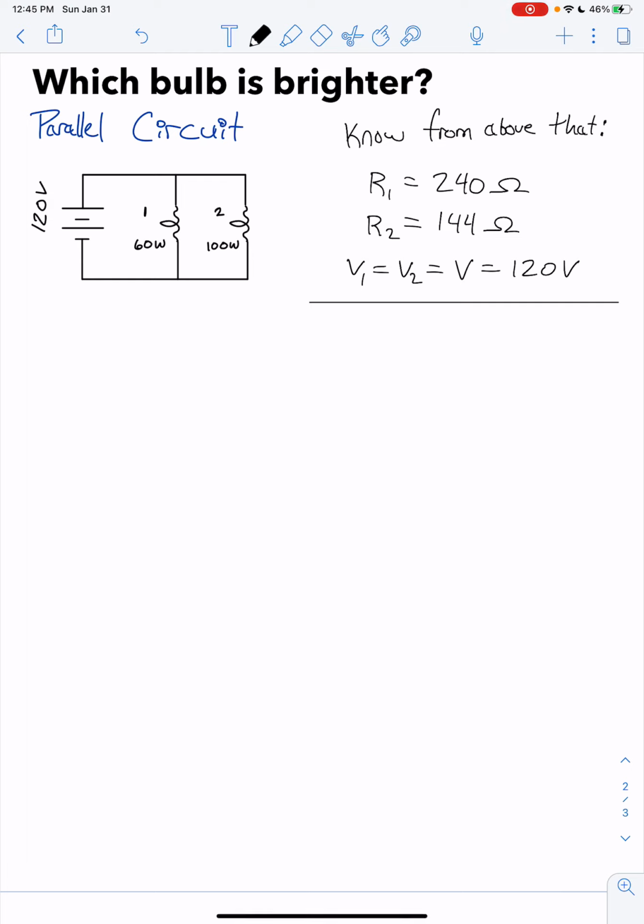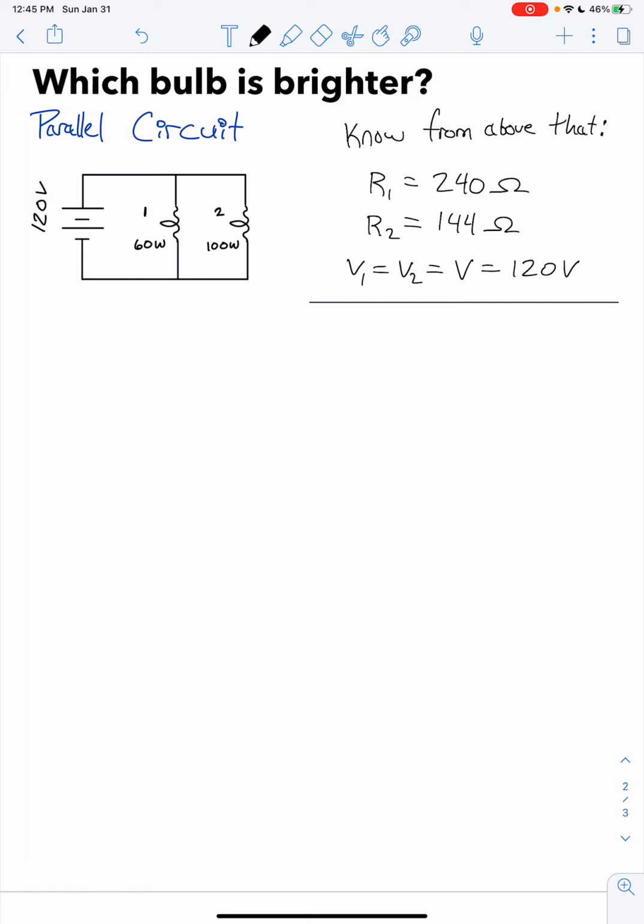Okay, so now we can say, well, what changes when you put things into parallel? Well, we've got a couple of things that we can do. We can look at the equivalent resistance, for example, and use that to calculate the current.